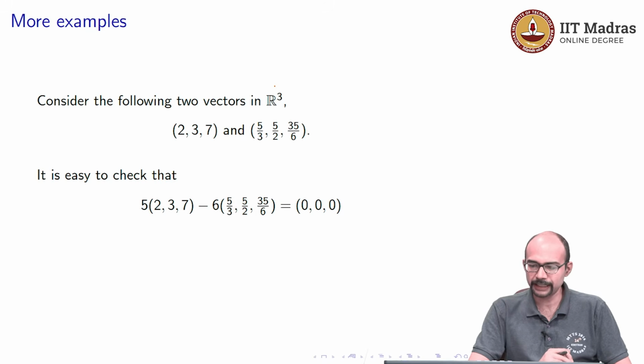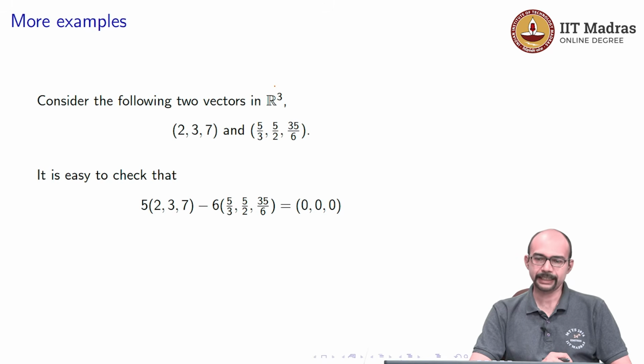So you can check that if you multiply this second vector by 6 and you multiply the first vector by 5, then you get the same vector. So in other words, if you do 5 times (2, 3, 7) minus 6 times (5 thirds, 5 halves, 35 by 6), that is (0, 0, 0).